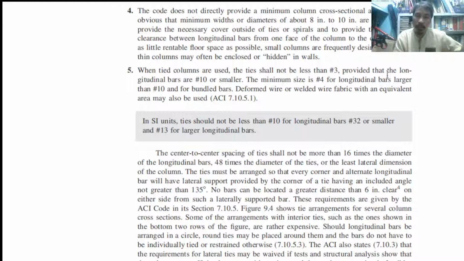Number 4 is actually 12 mm. Deformed wire or welded wire fabric with an equivalent area may also be used. In SI units, ties should not be less than 10 for longitudinal bars 32 or smaller, and 13 for larger longitudinal bars.